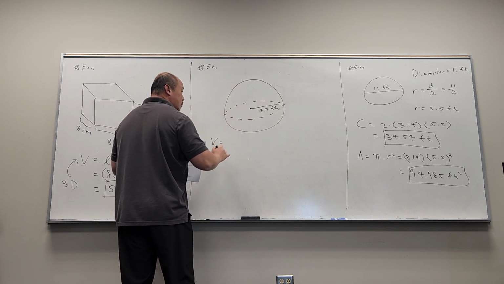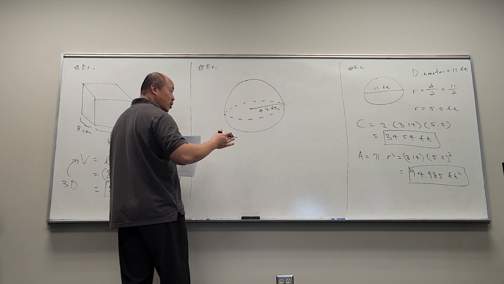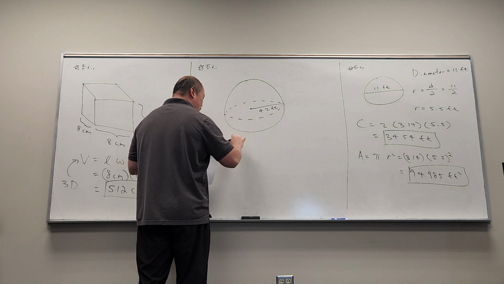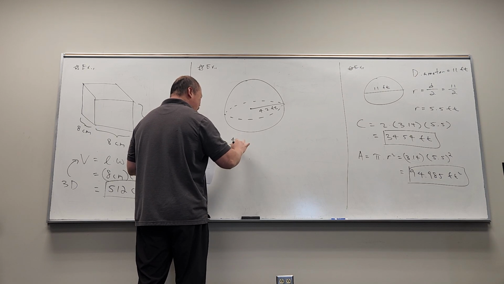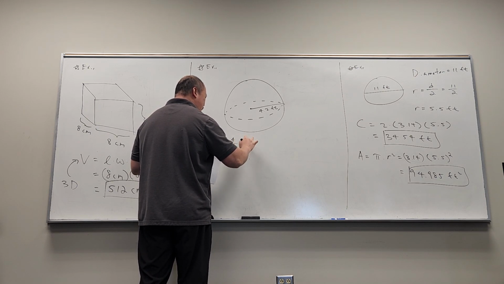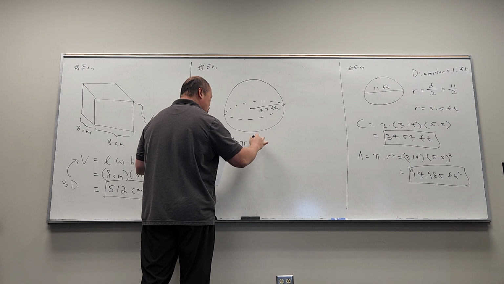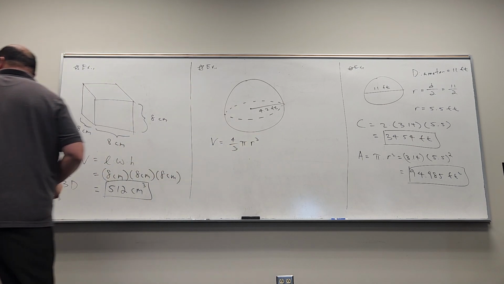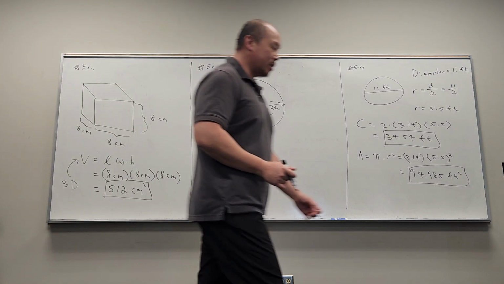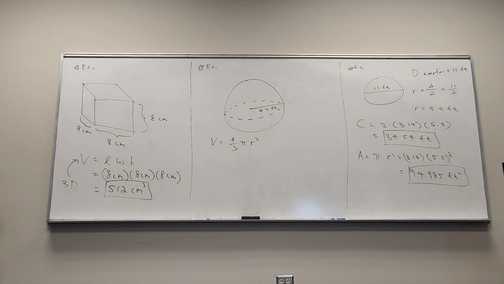What's the volume? The volume of a sphere is always going to be, what is it? I think it's 4/3 pi times radius to the third power. Let me double check just to make sure it's right, because stuff like this sometimes I forget.